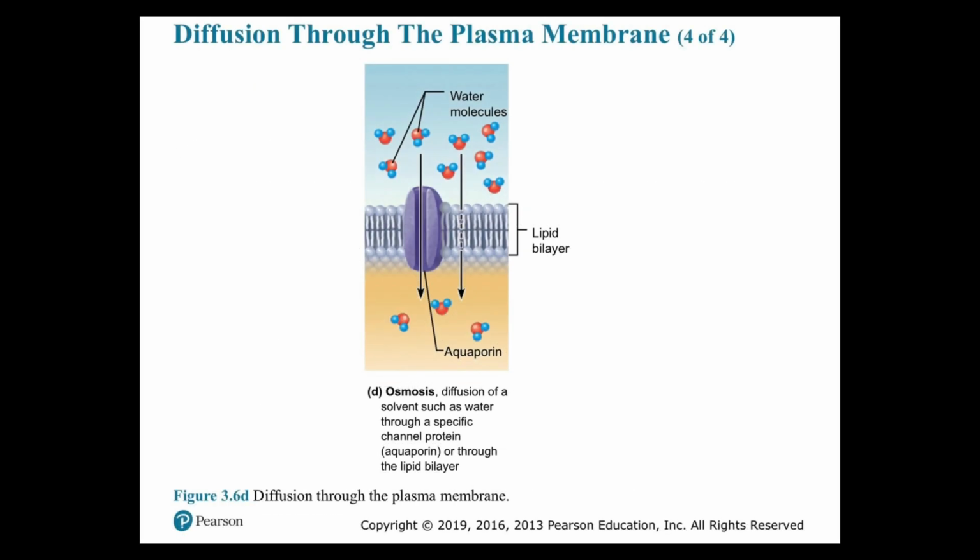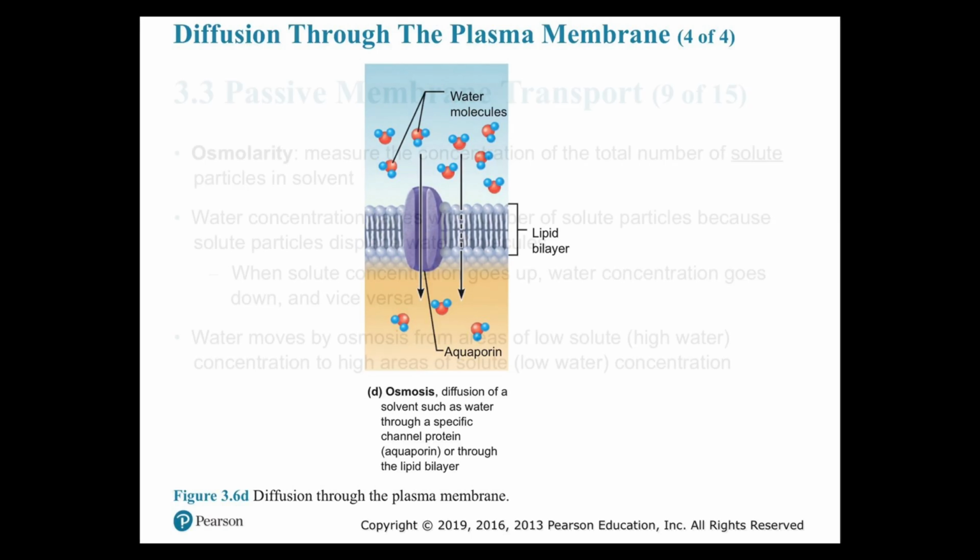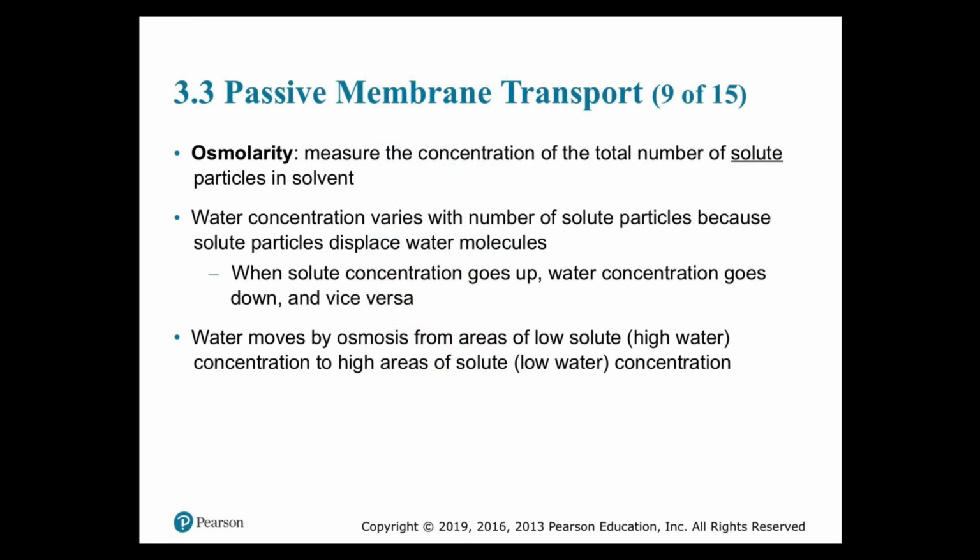Figure 3.6d, diffusion through the plasma membrane, specifically osmosis, which is the diffusion of water molecules. And this could happen through a specific channel protein called an aquaporin or through the lipid bilayer. Osmolarity measures the concentration of the total number of solute particles in solvent.